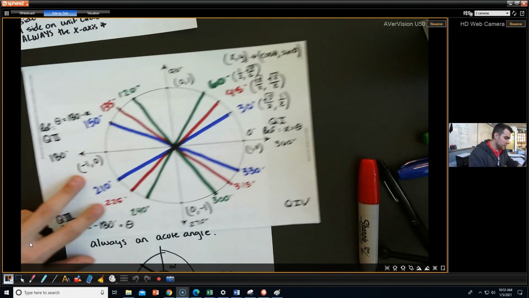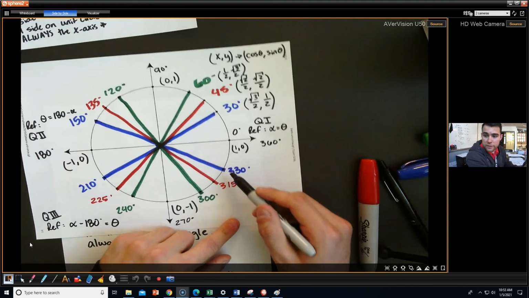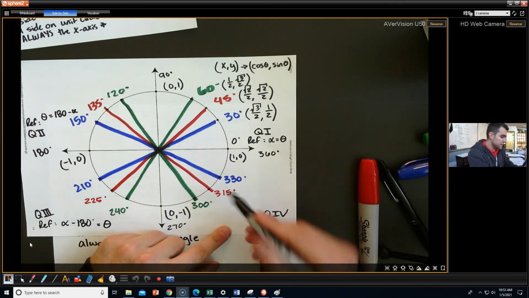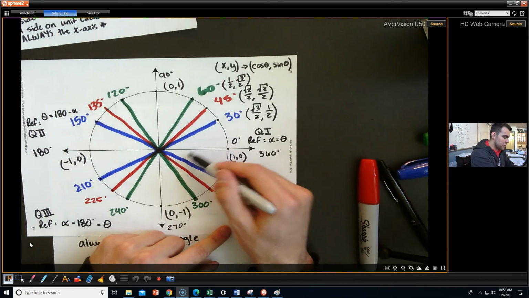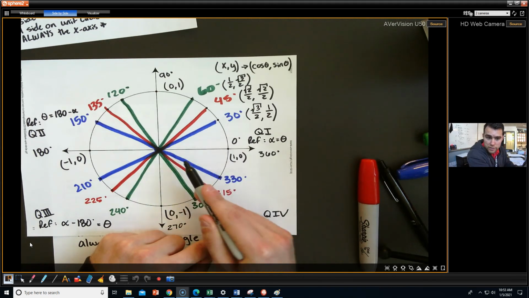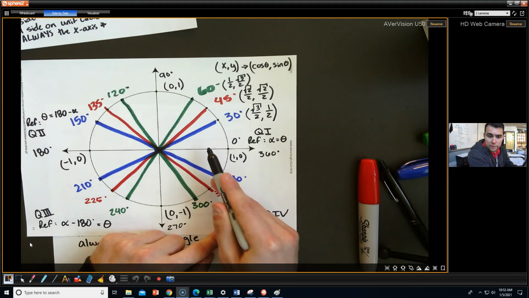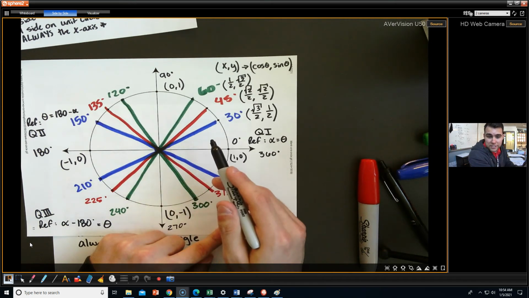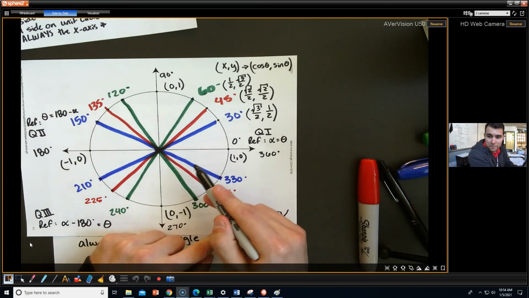And then finally quadrant 4. If I want 330 degrees and I want its reference angle, then again, it's the acute angle between the initial side, the x-axis, and the terminal side in blue. To get that, if I'm going all the way around, that's going to be basically 360 degrees minus whatever this angle is right here.